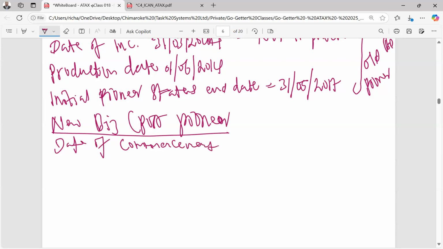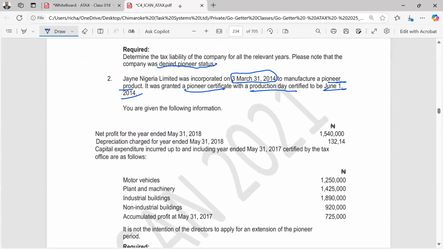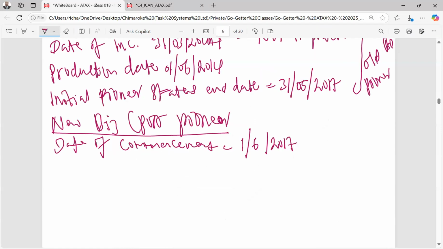Commencement is going to be the next day after pioneer, which is 1st of June 2017. Then were we given account year end? All right. Net profit for the year ended May 31st. So account year end is May 31st.